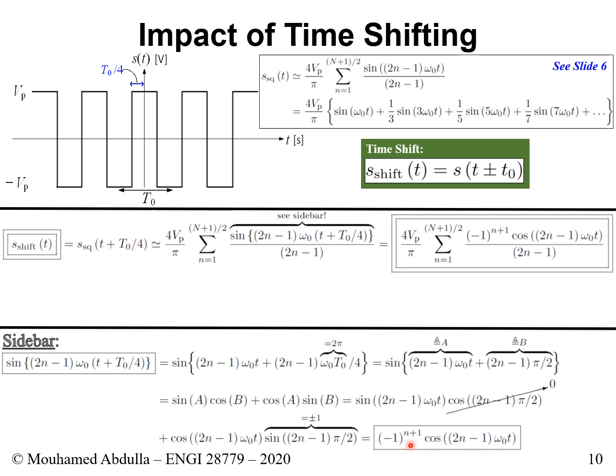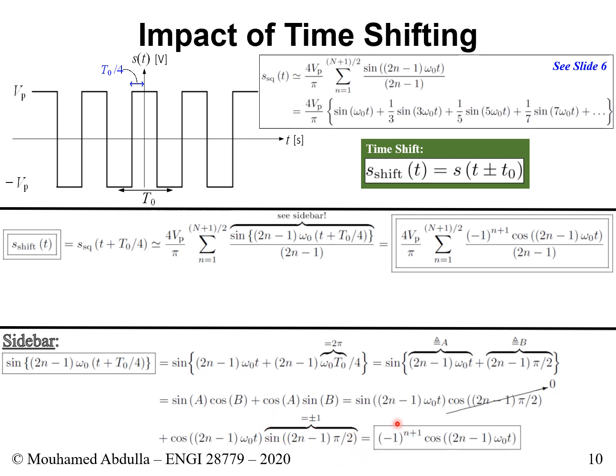So if you have 1, 3, 5, and so on, this will become an even number, and this will become positive. And if you have n's that are even numbers like 2, 4, 6, this becomes an odd number, and the negative will remain, and that takes care of this.